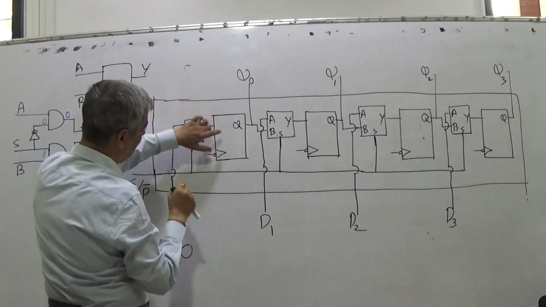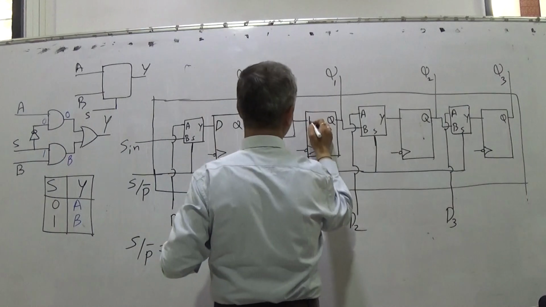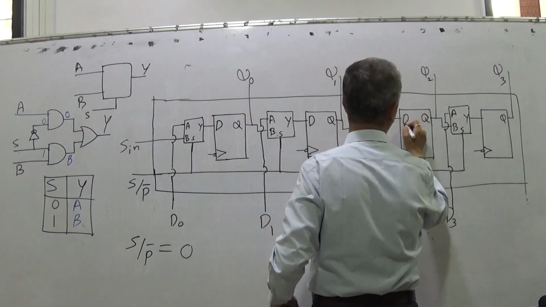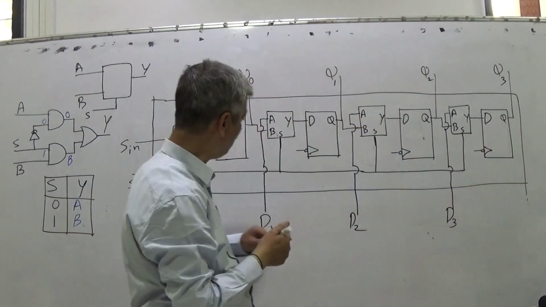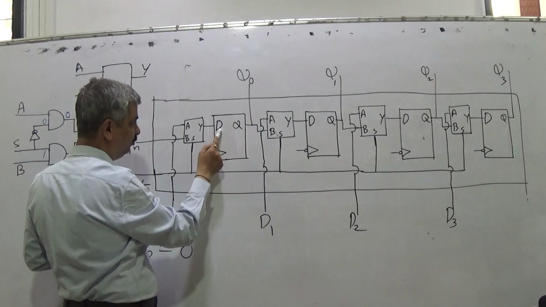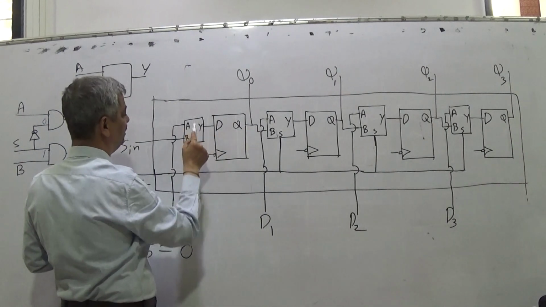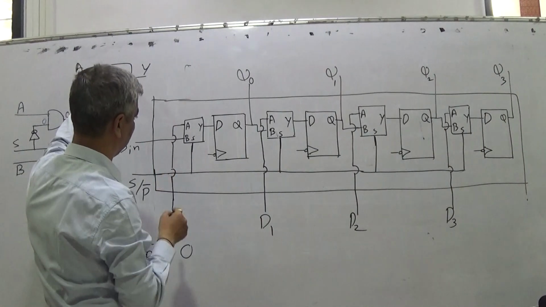So now this is D. In the previous case I was giving some fixed thing at D. Now what happens? The flip-flop input is connected from a unit called 2s1 multiplexer.